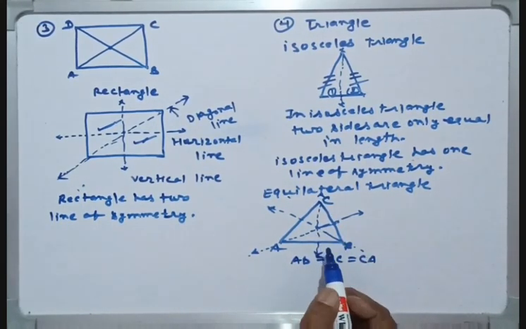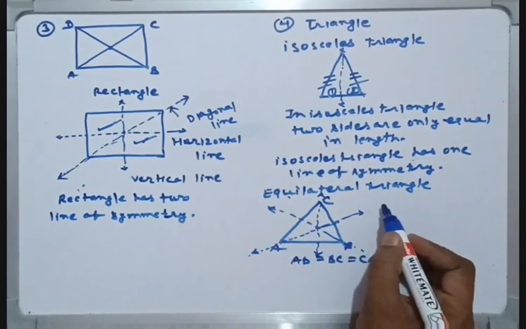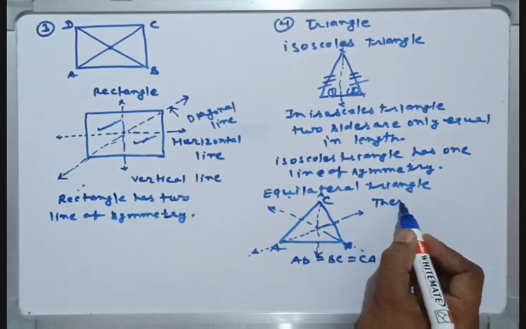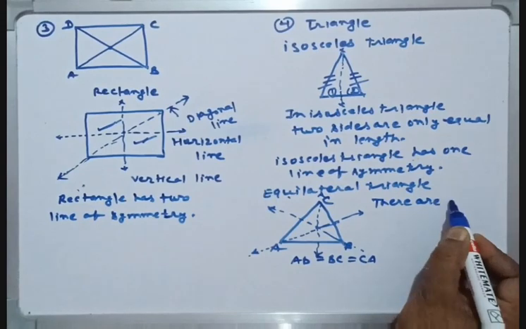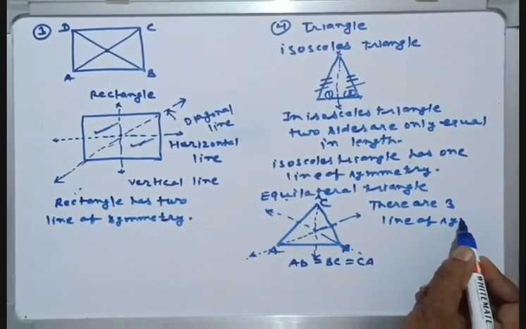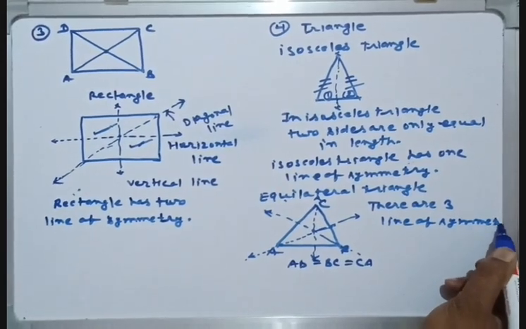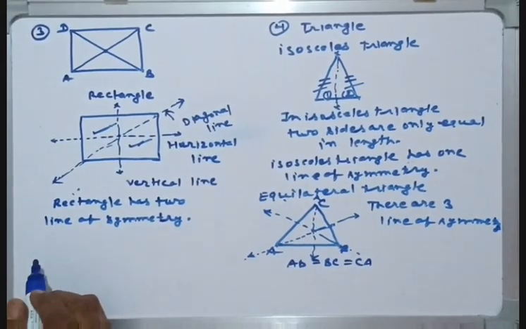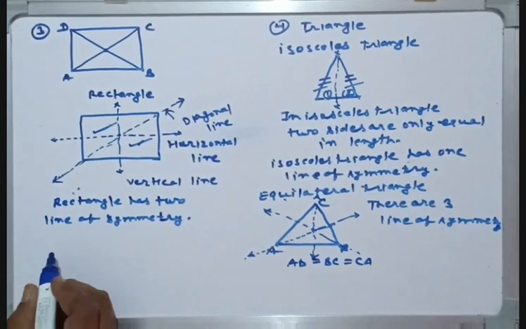So what we conclude, in the case of an equilateral triangle, there are three lines of symmetry.